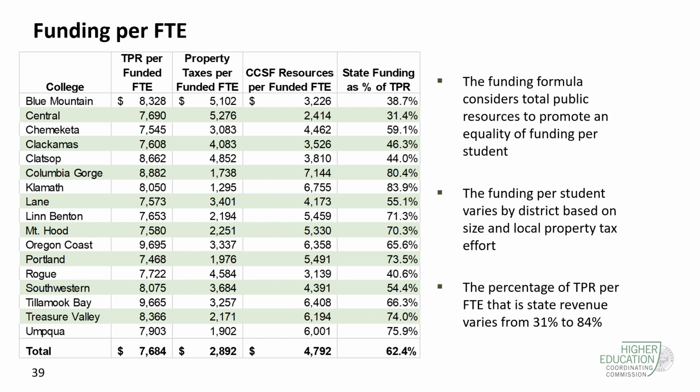So you can see, for example, Blue Mountain and Central Oregon, they collect more in property taxes relative to the state funding. So the two of them are at the lowest end of state funding as a percent of TPR, whereas on the other end of that spectrum, Columbia Gorge and Klamath are at 83%. So they collect less in property taxes as a percent of TPR.